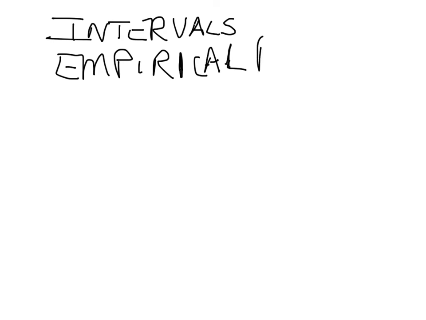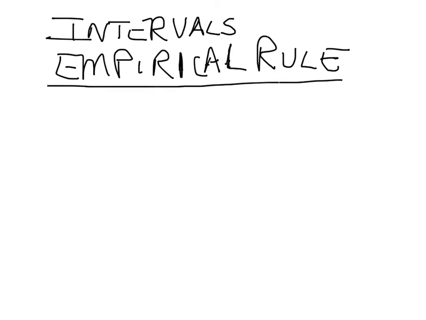What the empirical rule says, if I have a data set that follows the bell curve, essentially when I have x bar plus or minus 1s, when I have that interval, about 68% of the data falls in there.